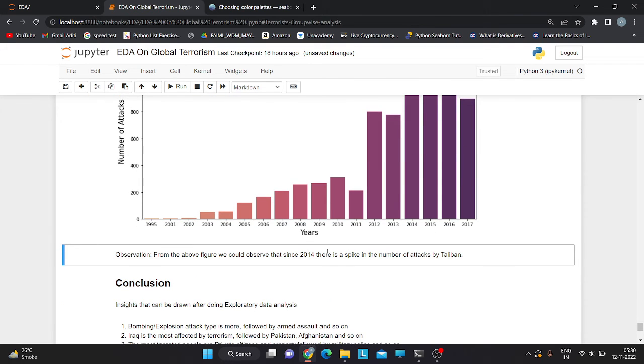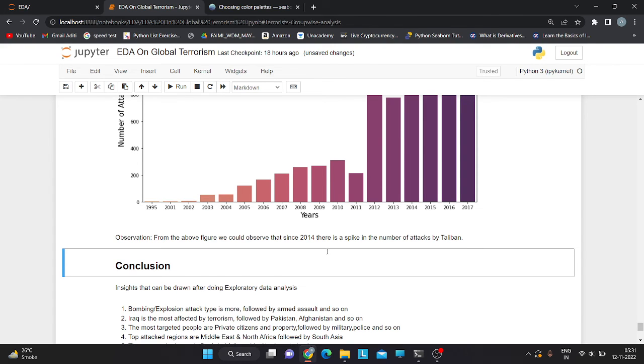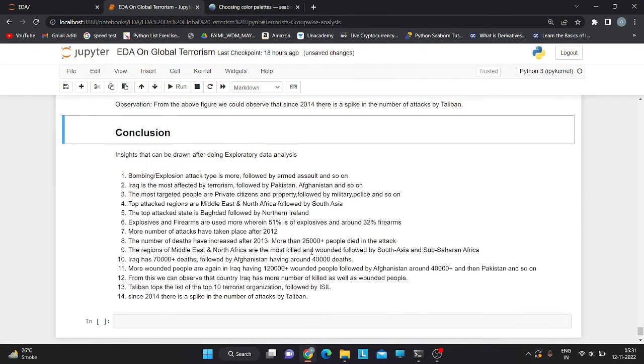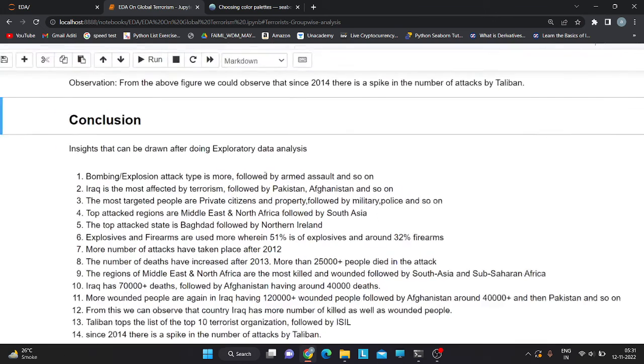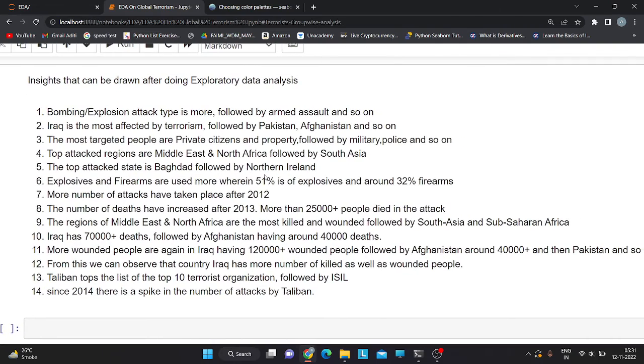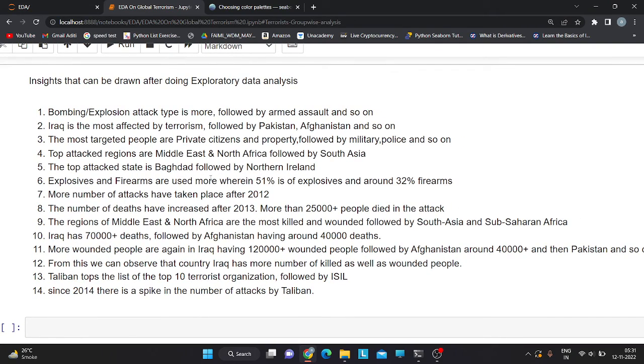So we will record this observation, and finally we are going to club all the conclusions that we have made so far. So, insights that can be drawn after doing this exploratory data analysis. Now let me walk you through this. Bombing, explosion, attack is more, followed by armed assault that we have seen before.